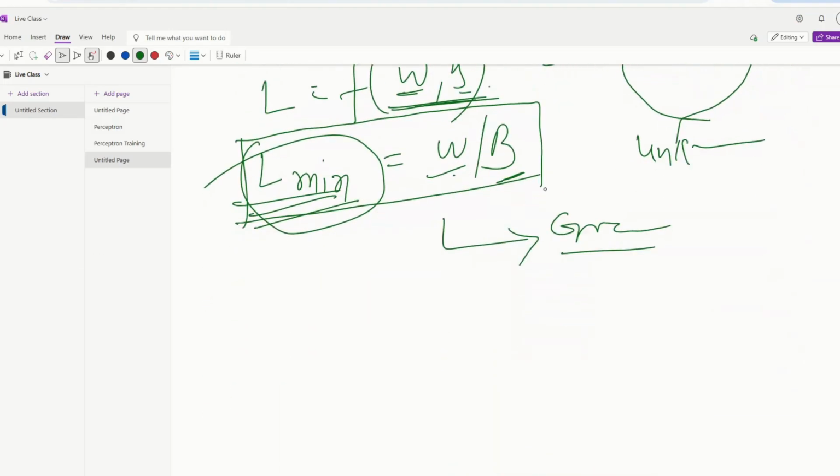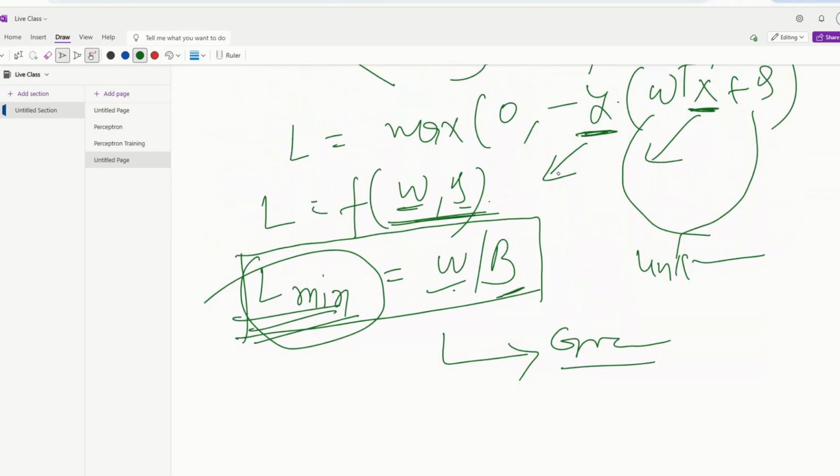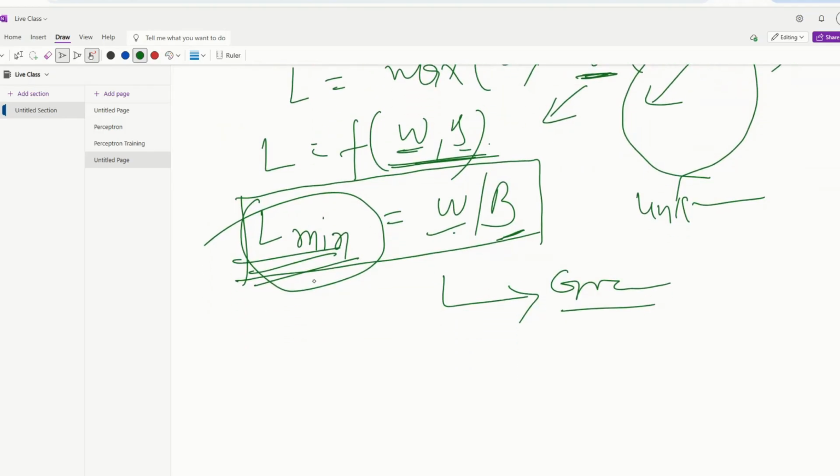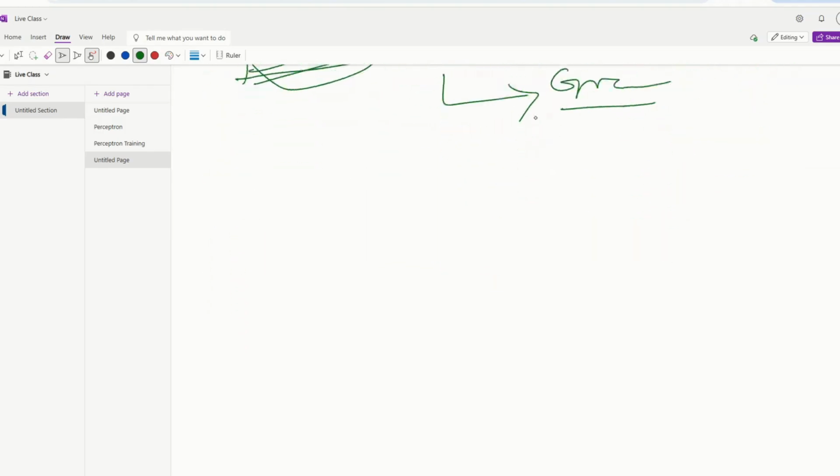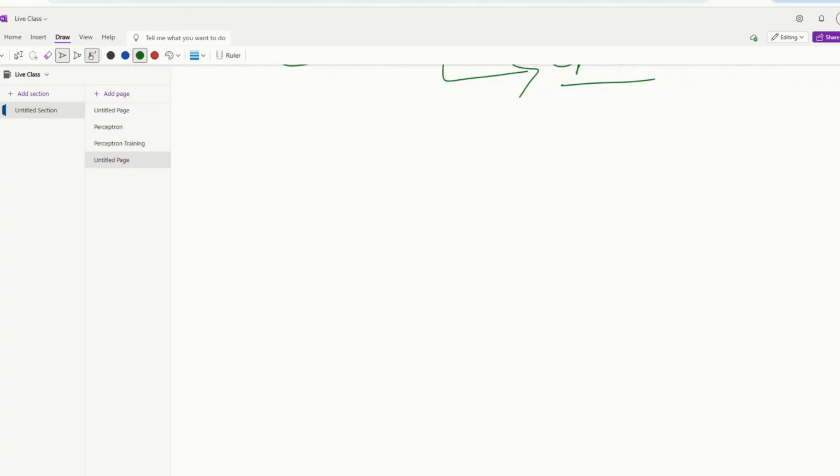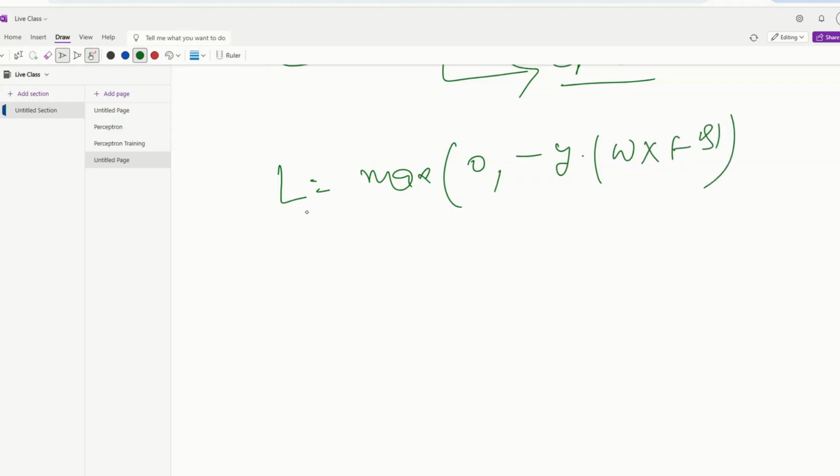So how do we find the gradient? Take this loss function: max(0, 1 - y(w^T x + b)). Here the only unknowns are my weight and bias.